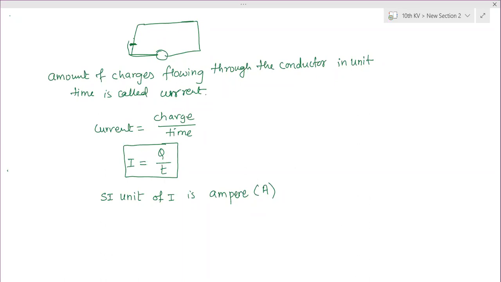So when we represent these connections in terms of symbols, we are not showing all the appliances in that circuit. A circuit is a closed path in which appliances are present, battery is present, source of the current is present, everything connected together. And a circuit diagram means representing this closed path of the current in terms of the symbols of the appliances connected.